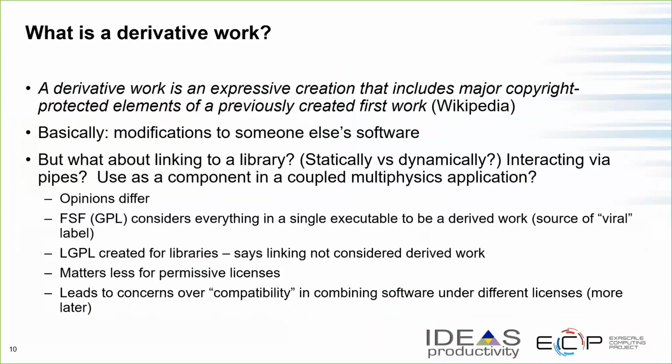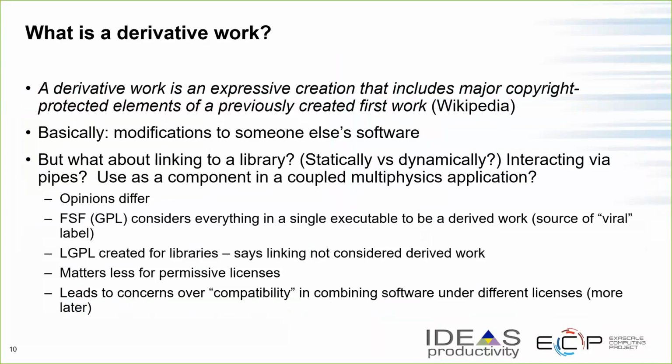So here's the challenge. One of the challenges that we face right now in the community in discussing licensing, right? Opinions differ about whether these things constitute derivative works, and there can be a lot of nuances here. So the Free Software Foundation, the folks behind the GPL, basically consider everything in a single derivative to be a derived work. This is part of the source of this viral label, right? So it infects other things.